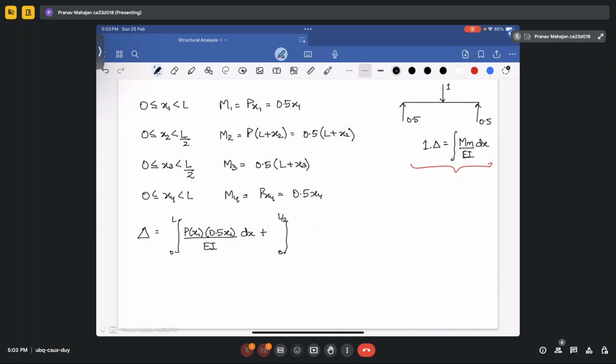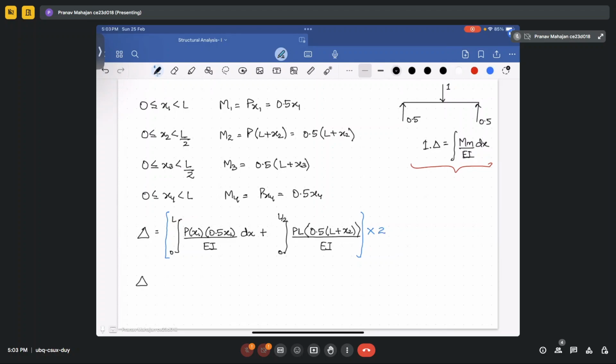Now in this area, it will be P into L, the whole moment, and the conjugate moment in unit beam is 0.5 into L plus h by 2, divided by EI. Since the whole beam is symmetrical, we can take it as into 2.